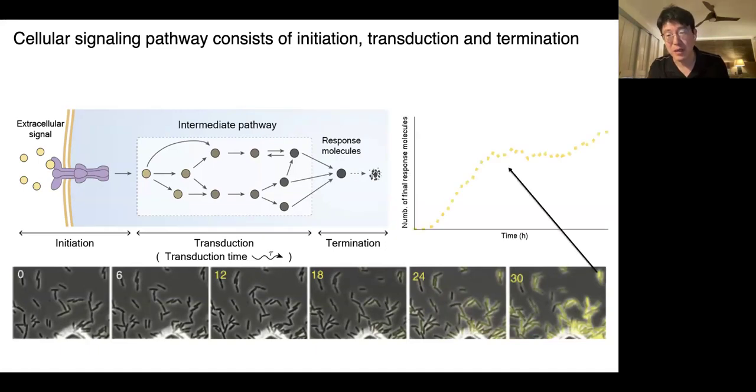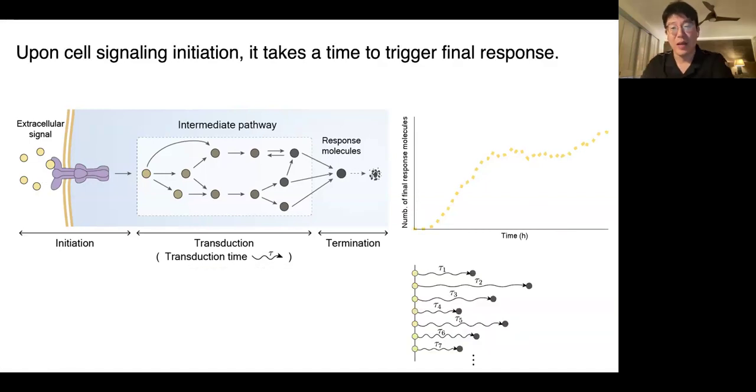In the experiment, by measuring this light intensity, we can measure how many final response molecules are generated throughout the time. At the beginning, it's 0, but as time goes, the number of molecules increases, which is induced by the extracellular signal. You can see that about 20 molecules are generated in this figure.